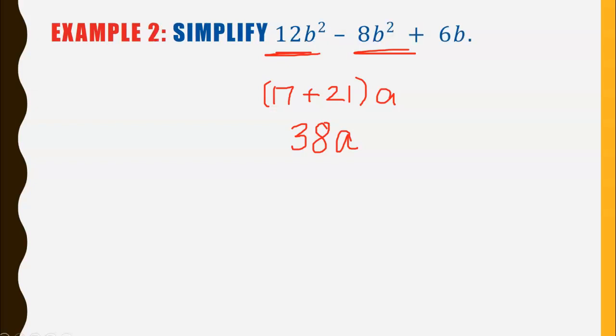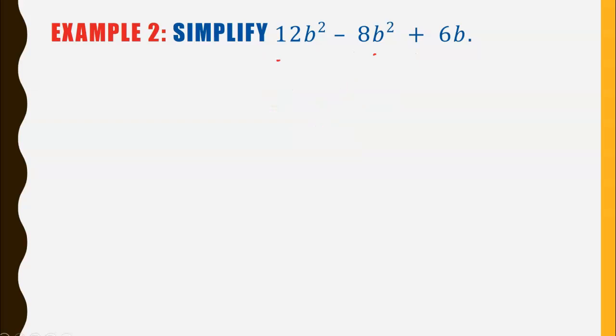So in the next example, we have 12b squared and negative 8b. So those are like terms. Is 6b a like term to 12b squared and negative 8b squared? Zoe?